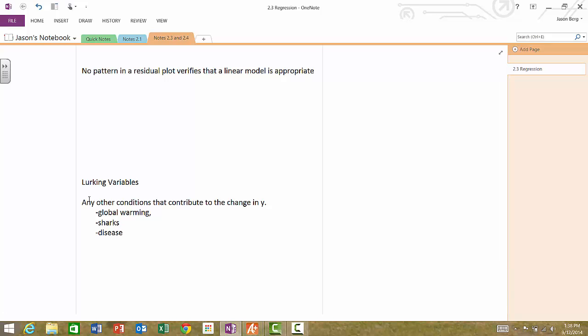There are many different things. This is where you're not always going to have a right or wrong answer. So any other conditions that contribute to the change in Y are called lurking variables.